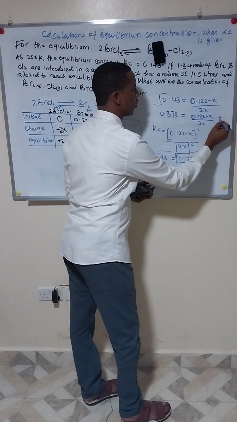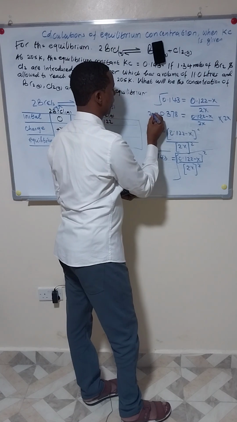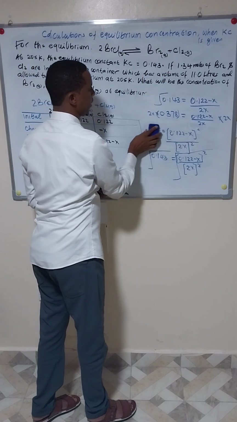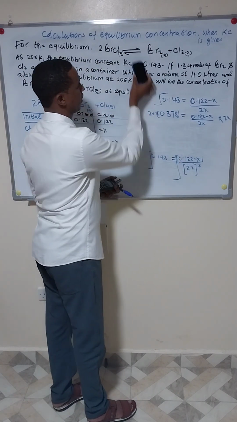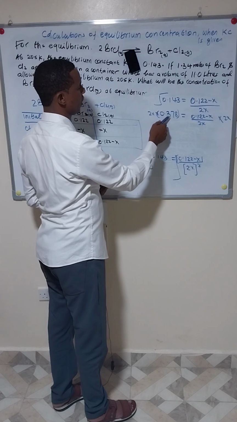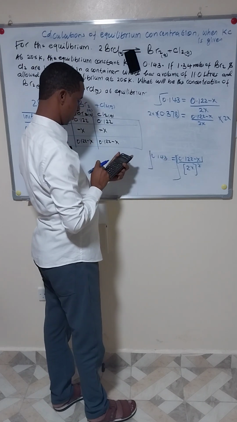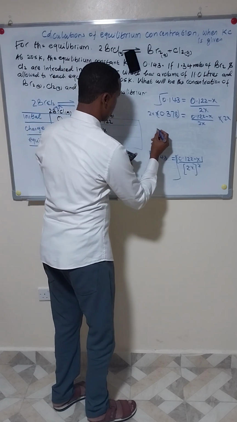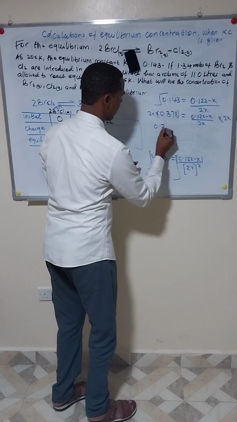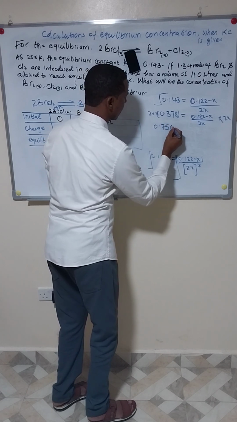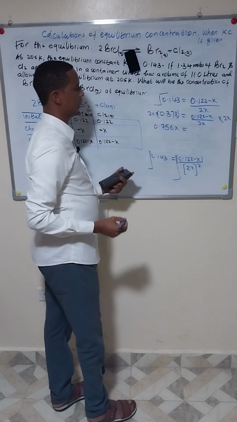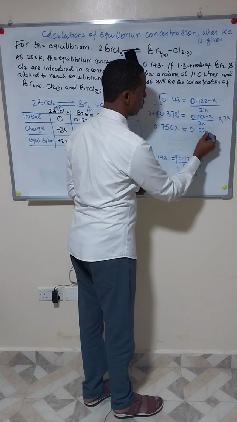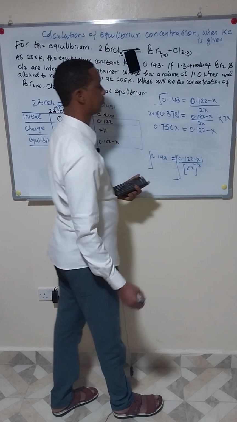So we multiply 2x on this side, multiply 2x on this side. So that will be 2 times 0.378 is equal to 0.756x is equal to 0.122 minus x.